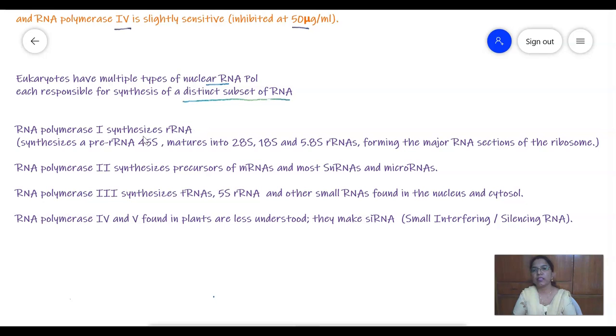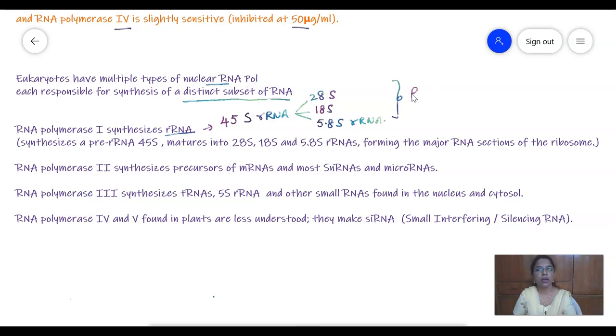For example, RNA polymerase 1 synthesizes rRNA, which in the beginning is synthesized in the form of 45S ribosomal RNA, and later on it breaks and gives rise to 28S rRNA, 18S rRNA, as well as 5.8S rRNA, which form the major sections of the ribosomes.